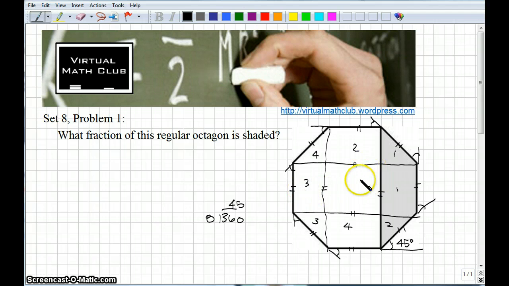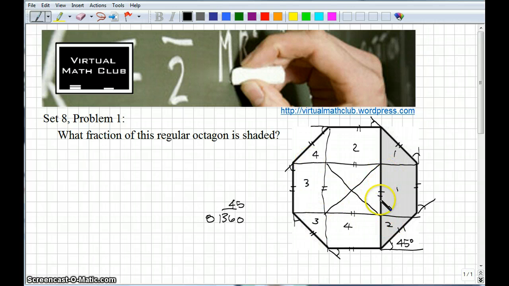So we could actually break this up into some triangles if I draw 2 diagonals here. And you can see that the triangles inside of the square have to be congruent with these triangles on the edges. And why is that?